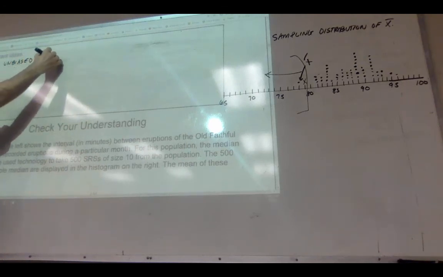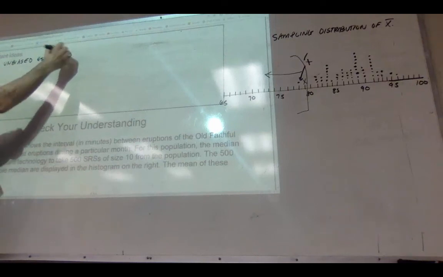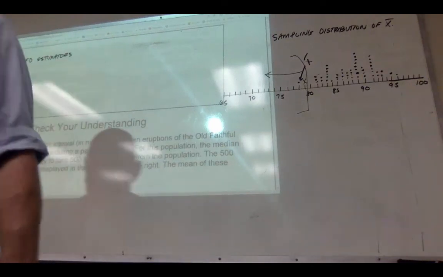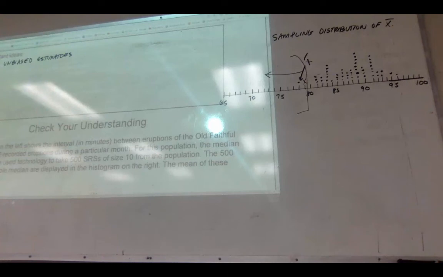We would love to have an unbiased estimator. If you hear me say that, that's a good thing. Because an unbiased estimator would be for Madison to say, I think the class average was 89. And then we do all the things and we determine that it is 89. And then Madison's like, wow, I'm a great estimator. It's unbiased, right? It's the same.